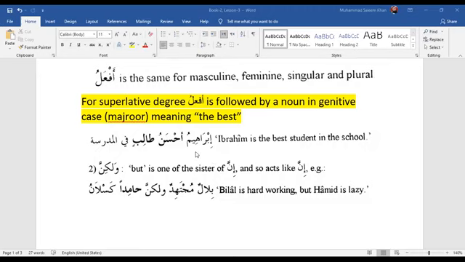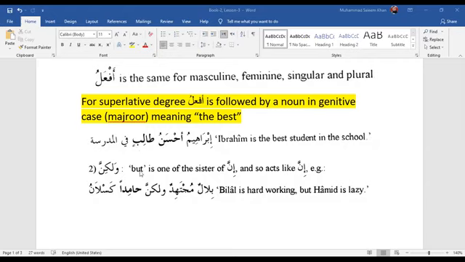There is no min after ahsanu. Yeah, after ahsanu, there is no min. If there is min, then it will be comparison between two persons, two classes, two groups. But if we see a noun after that, then it will be the superlative degree.